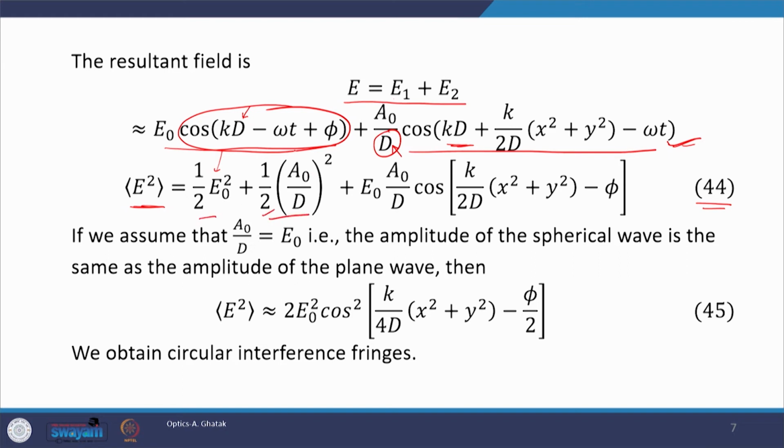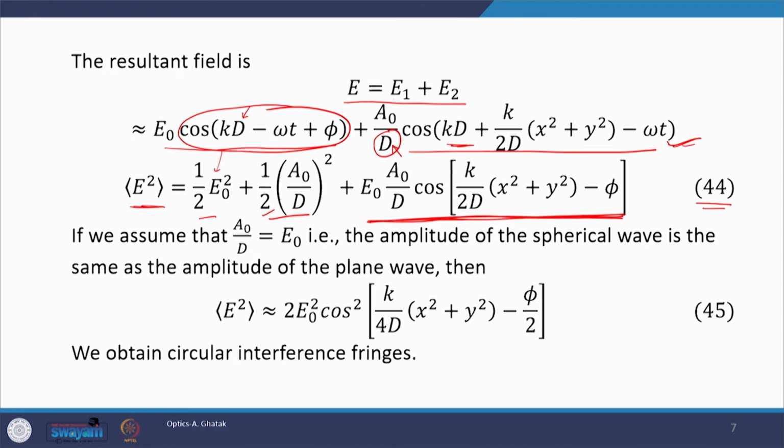Now, we will have a cross term also here, because it is a plus b, and if you square it, you will get a square plus b square plus 2ab. The 2ab information is here, this is the cross term. Then if you take the time average of this term, the resultant expression looks like this. This is the final irradiance at the screen P P prime.